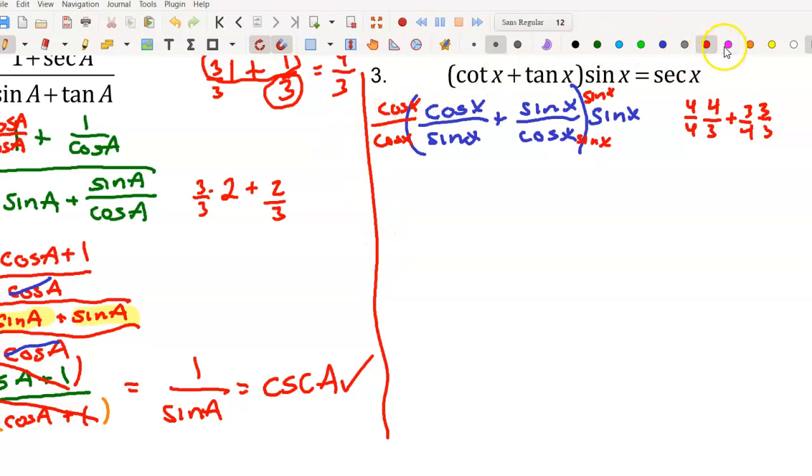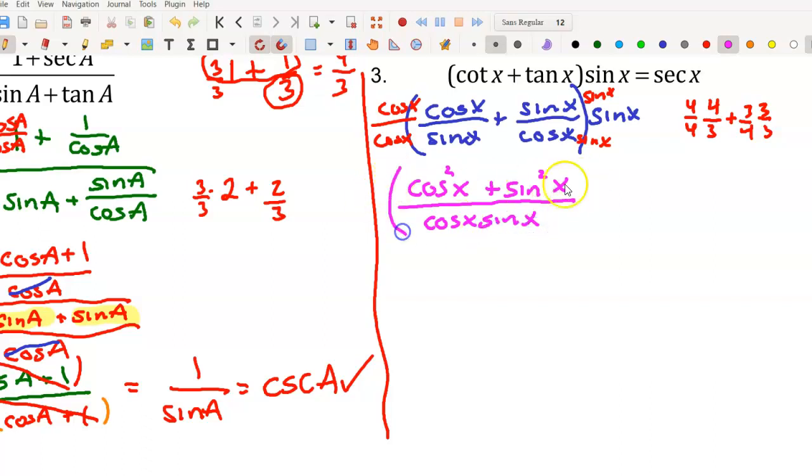So we have cosine times cosine, which is cosine squared, sine times sine, which is sine squared, all over the same denominator, cosine x sine x. Don't forget, we still have this sine of x sitting on the outside, minding its own business.